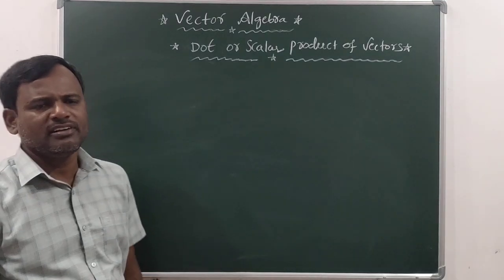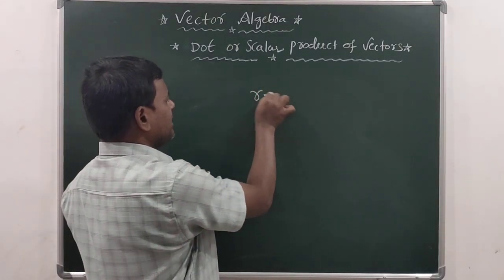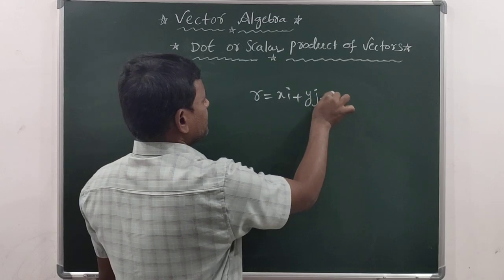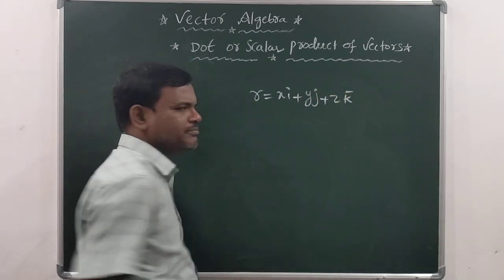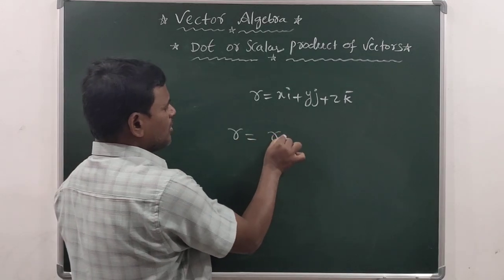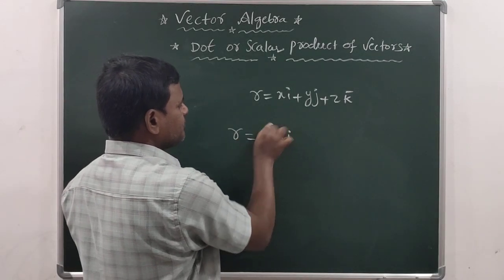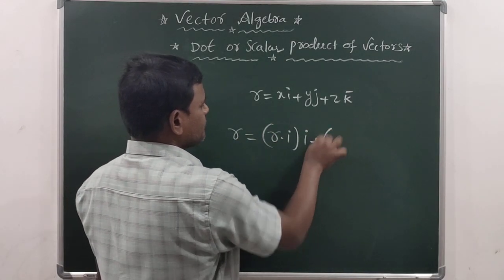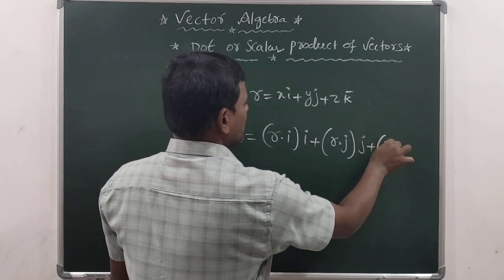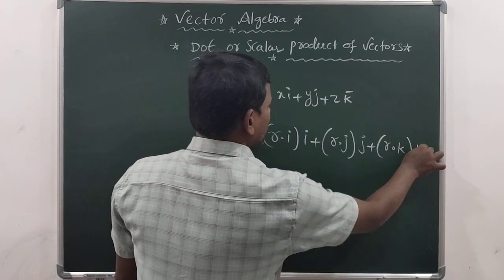Now R is any one vector, or you can say a resultant vector. You can take xi, yj, zk. Now this R can be written as (R dot i) into i, (R dot j) into j, (R dot k) into k.